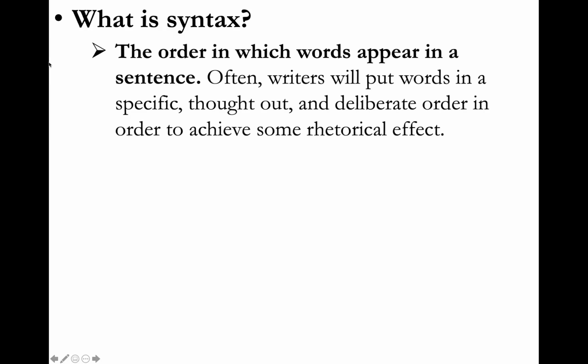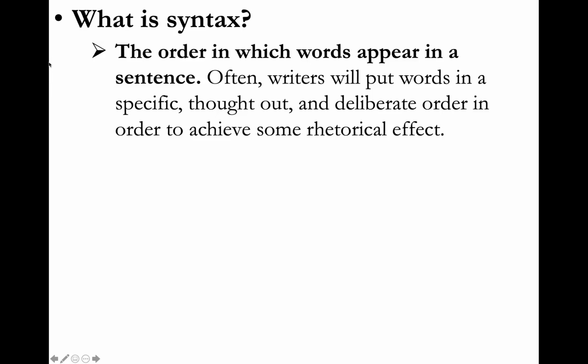Well, the official definition that you would get from people who study literature is this: the order in which words appear in a sentence. So you have the default English syntax, subject, verb, object, the most expected way that words would be put together.